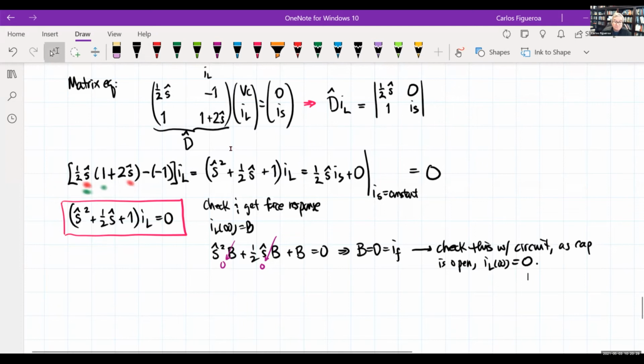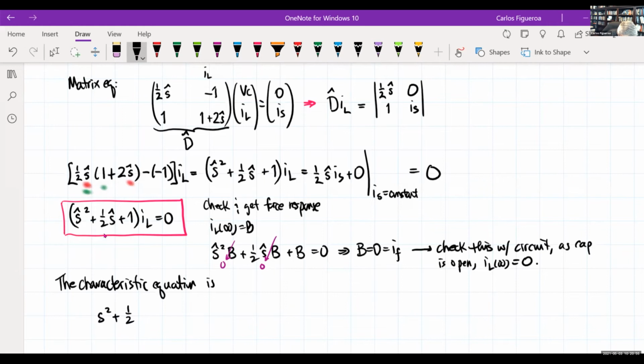So here we go. When I look at this, here's what I'm seeing. We know that this guy right here is the natural response. I'm sorry, the characteristic equation is then going to be s squared plus 1/2 s plus 1 equal to 0.